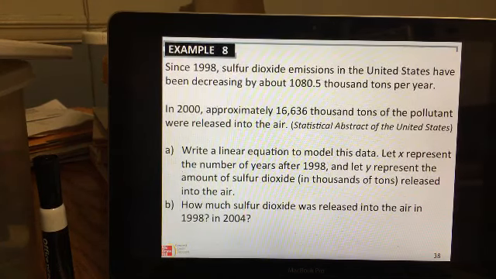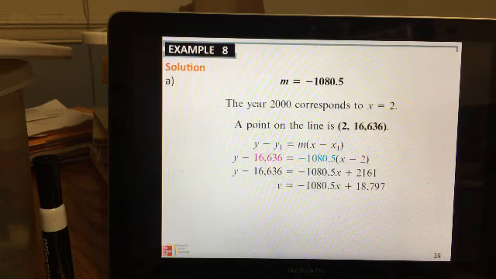We're supposed to let X represent the number of years after 1998 and let Y represent the amount of sulfur dioxide in thousands of tons released into the air. Question B is how much sulfur dioxide was released into the air in 1998 and in 2004. So here's our solution.